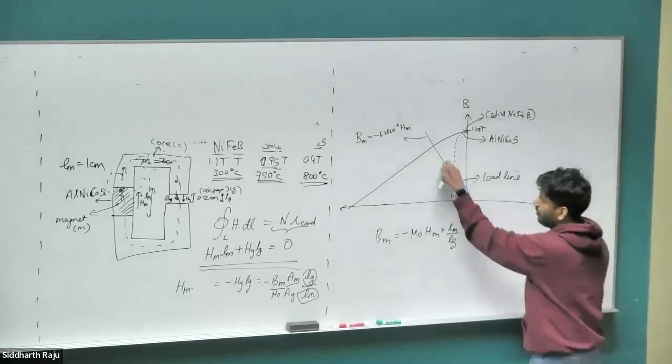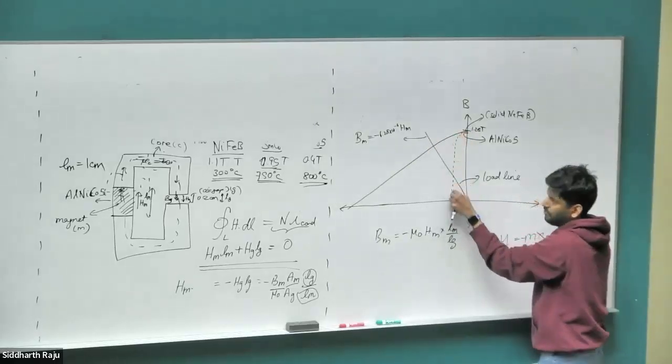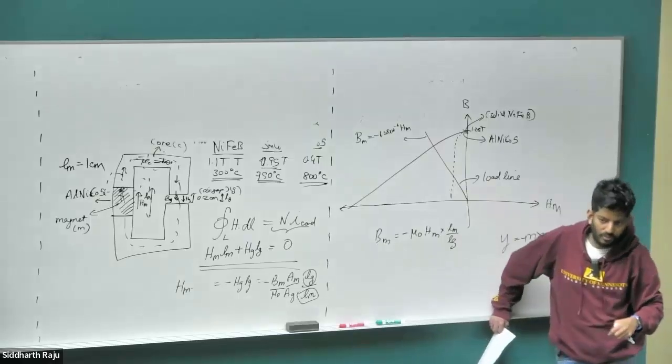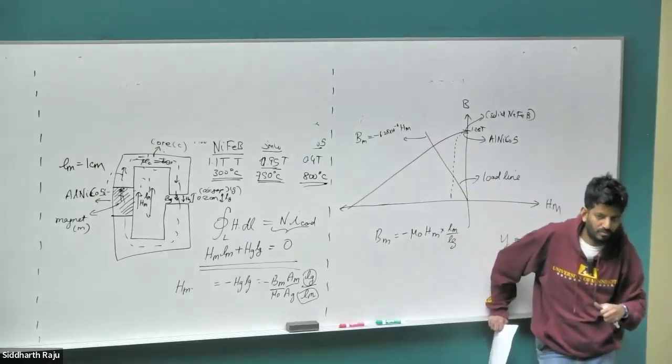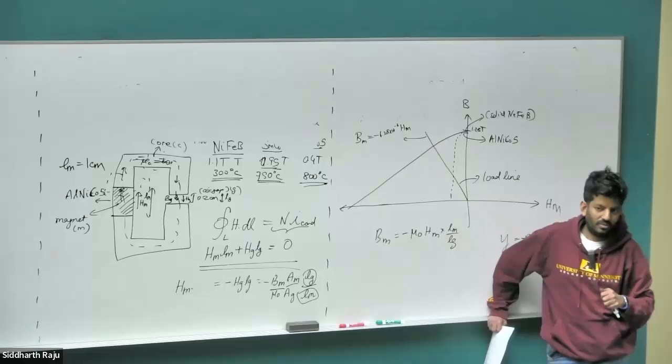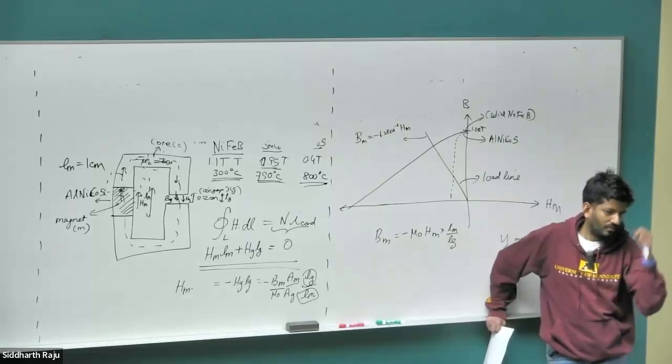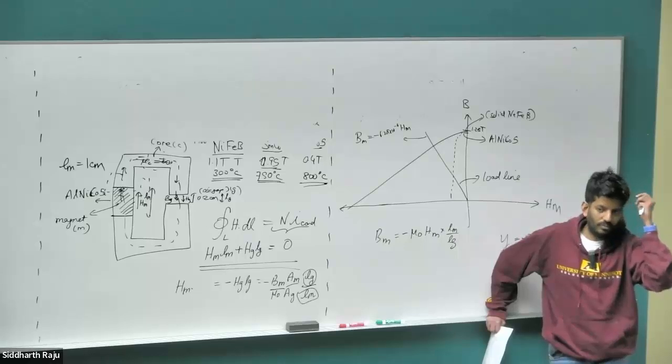So this is how our circuit behaves, but this is how the magnet behaves. So what will be the value of B? How will we figure out where the value of B is going to be? When you have two equations, the way you solve for the solution is with graphical methods.